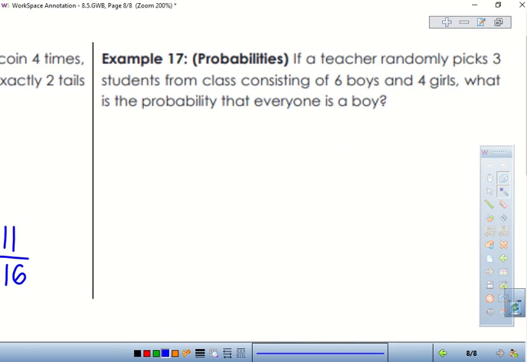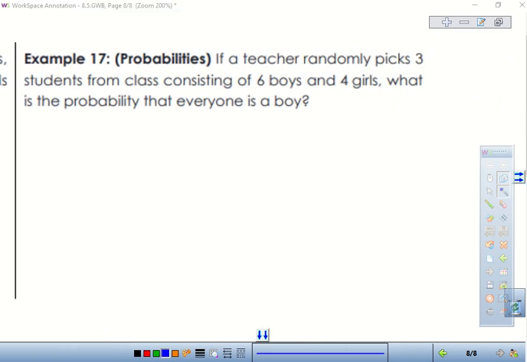Alright, the next one. Last one. I know this was kind of long. A teacher randomly picks 3 students from a class consisting of 6 boys and 4 girls. What is the probability that everyone is a boy? So, let's think of the situation that only boys are chosen.